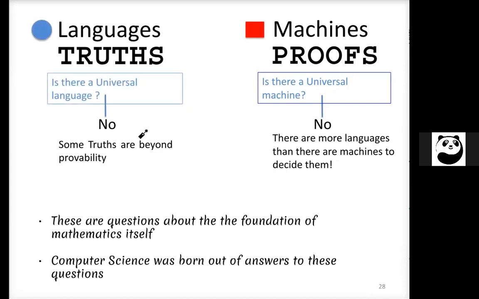So these two questions, which we have covered so far in these 2 sessions, are questions about the foundation of mathematics itself. And computer science itself was born out of the answers to these 2 questions. And this was in the 1930s, when concrete manifestations of computing machines had not yet existed.